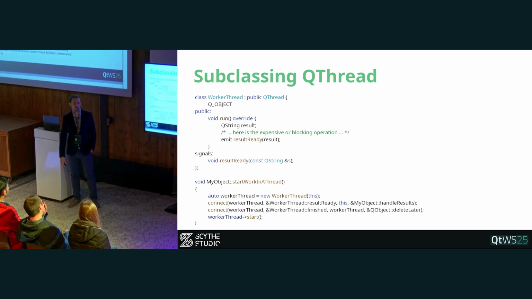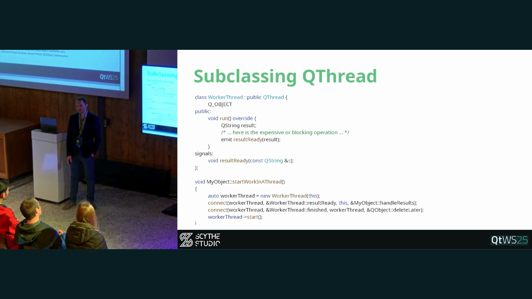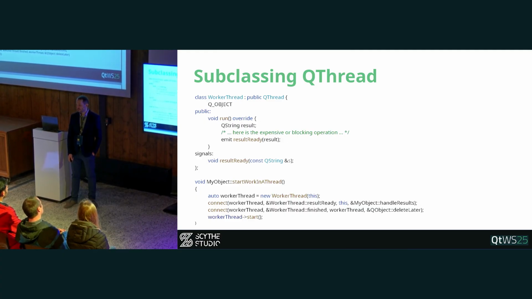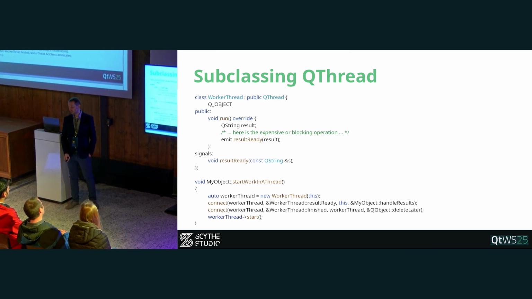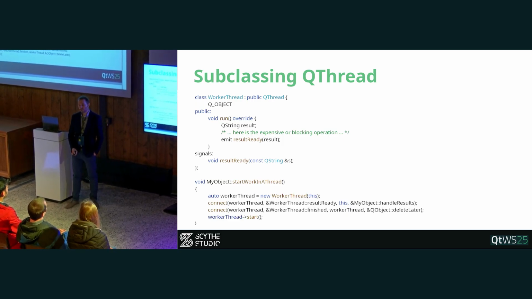In order to use QThread directly, you normally subclass it, and when you subclass it, you need to override the run method. And the run method is actually the method that runs on this thread, because the constructor of the thread doesn't run on a separate thread; it runs on the calling thread.